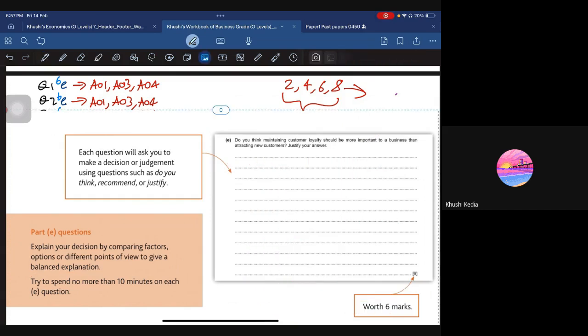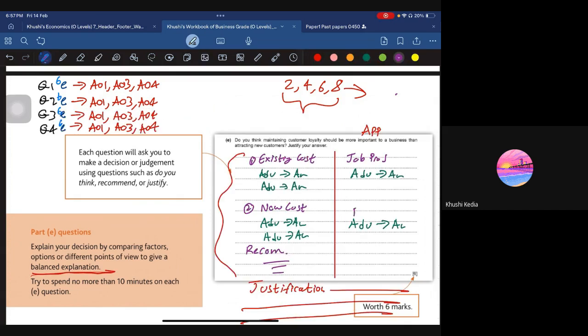And this is batch production, and then you have the disadvantage and its analysis, disadvantage and its analysis, and in the end you have the evaluation that you're going to write.